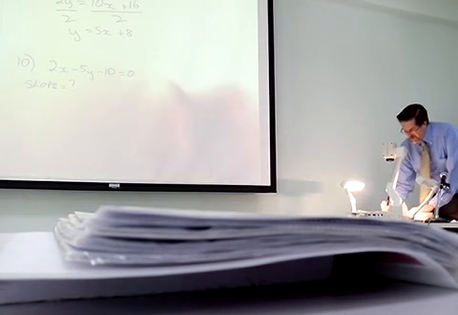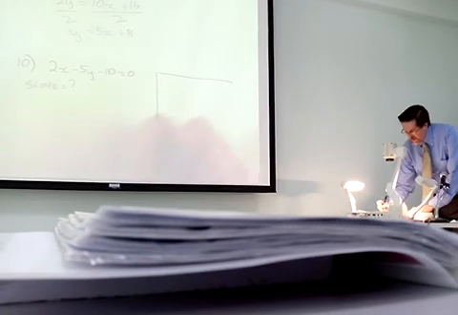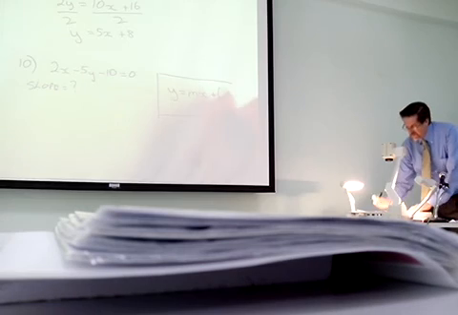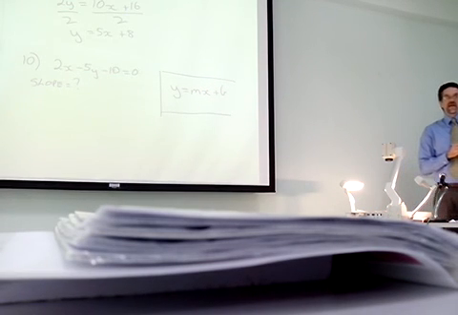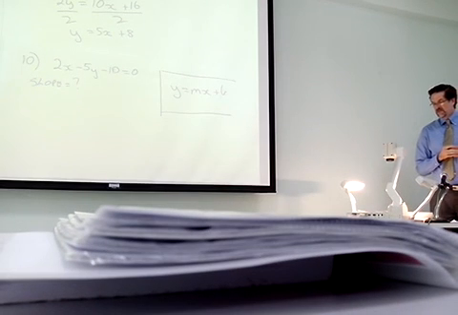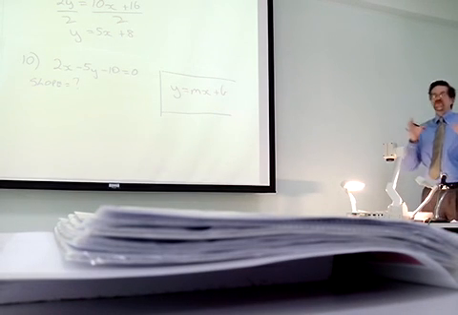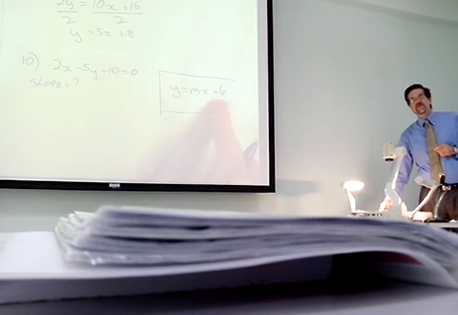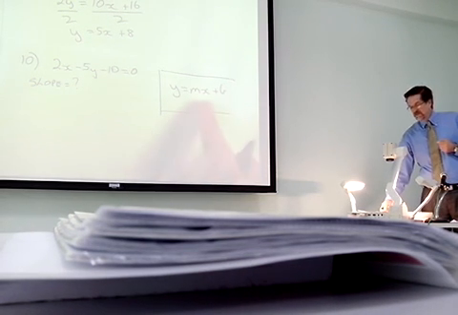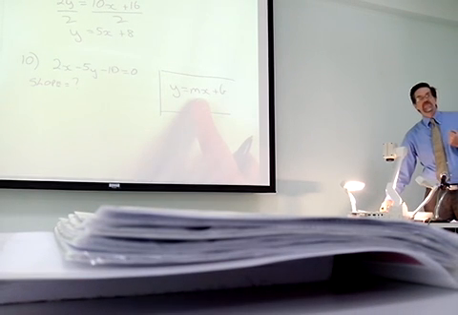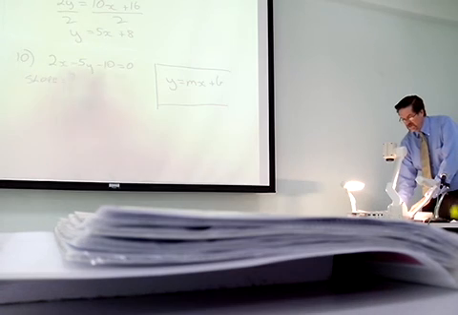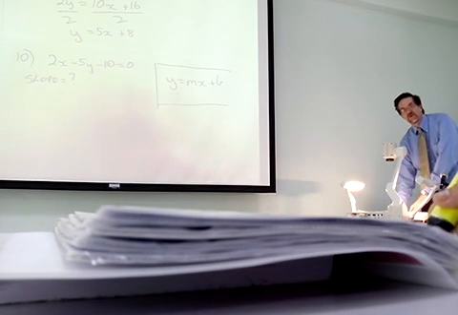But what you have to do is write the equation in that form, y equals mx plus b. So we have to rewrite the equation so that it's in this form, and then we can read the slope. The slope is m.